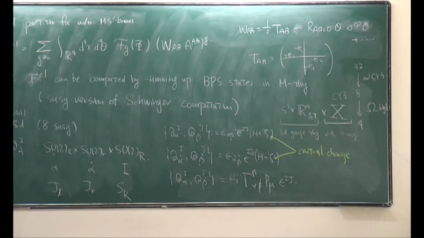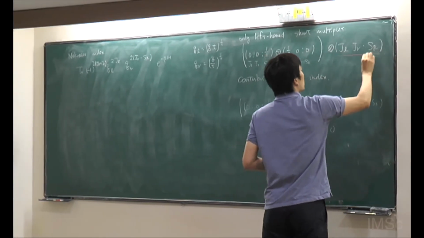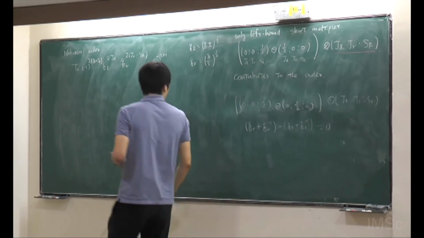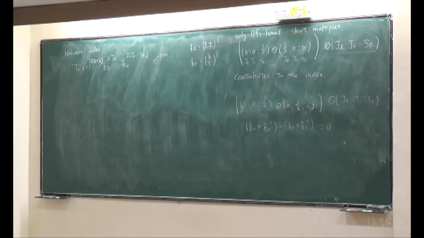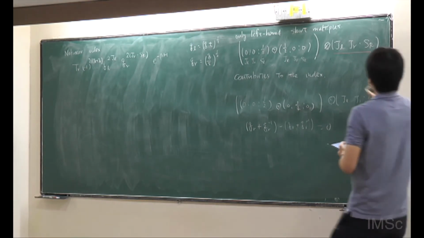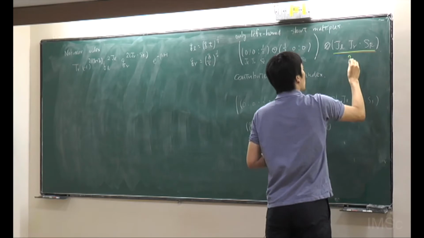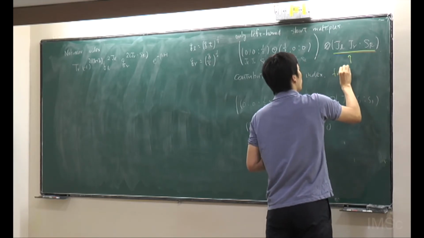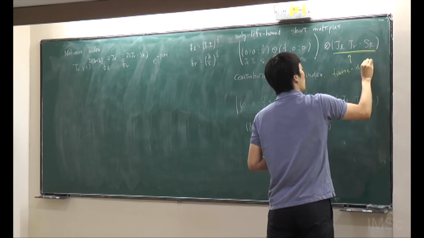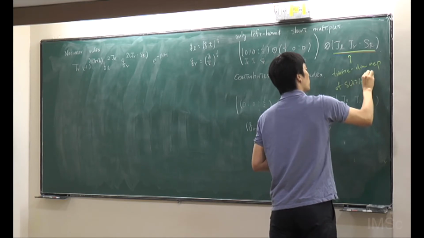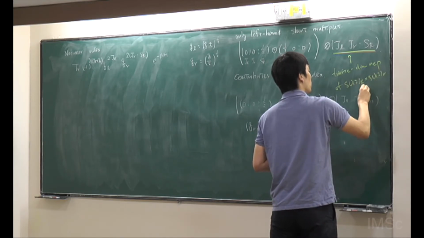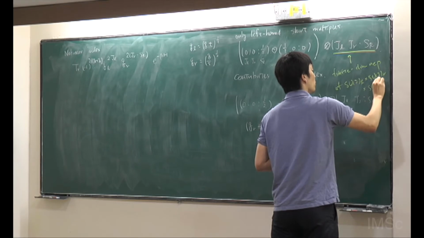And here you can always multiply the finite dimensional representation, a finite dimensional rep of SU2 left cross SU2 right cross SU2 R symmetry.